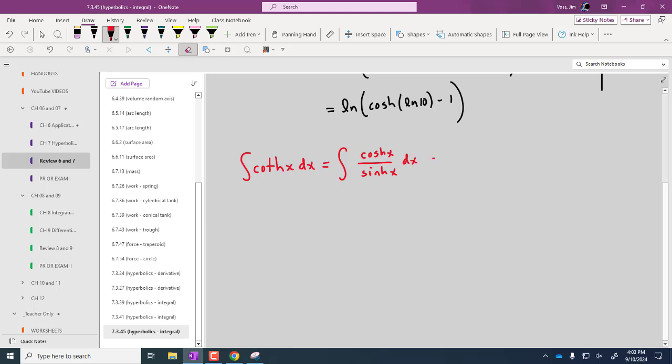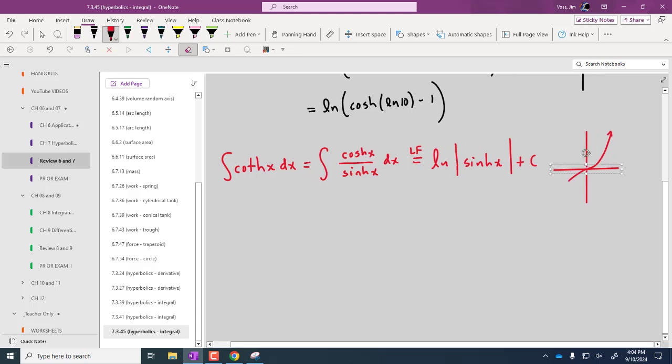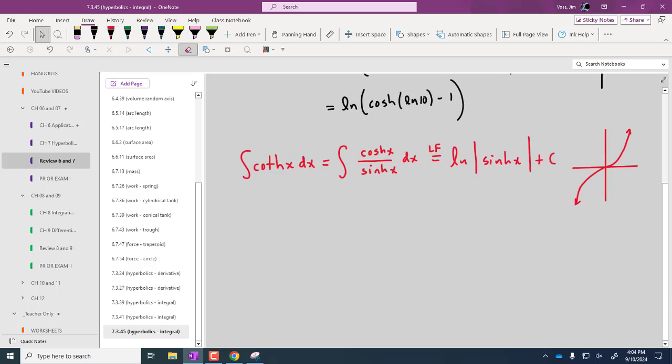That's the one really nice thing about these, that you don't have to deal with minuses with these basic ones. So this is natural log absolute sinh. But you have to leave the absolute values there because the hyperbolic sine looks a lot like the tangent function, and the hyperbolic sine can be negative. So it goes up positive, goes down negative. Because it can be negative, you have to leave the absolute values. Must stay.